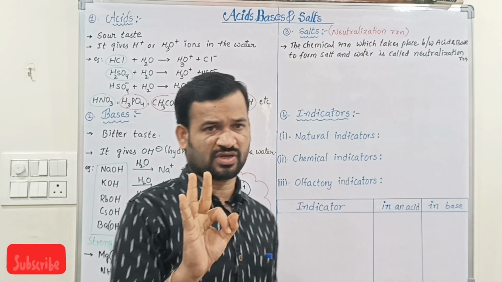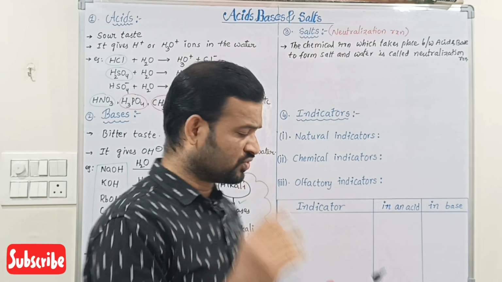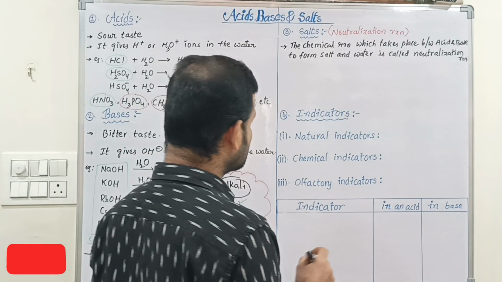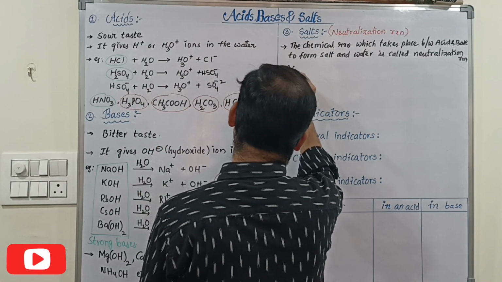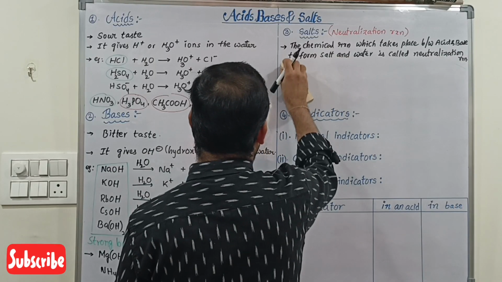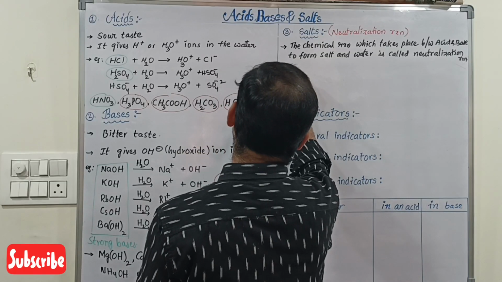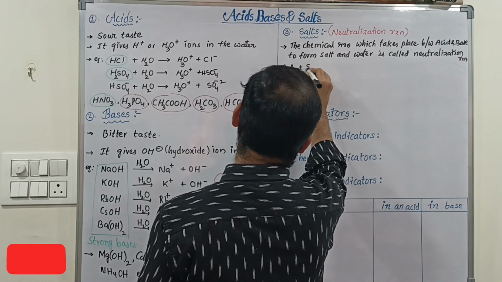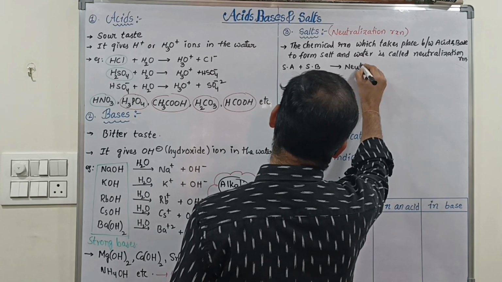Mainly three types of salts: acidic salts, basic salts and neutral salts. If a strong acid combines with a strong base, it forms a neutral salt.